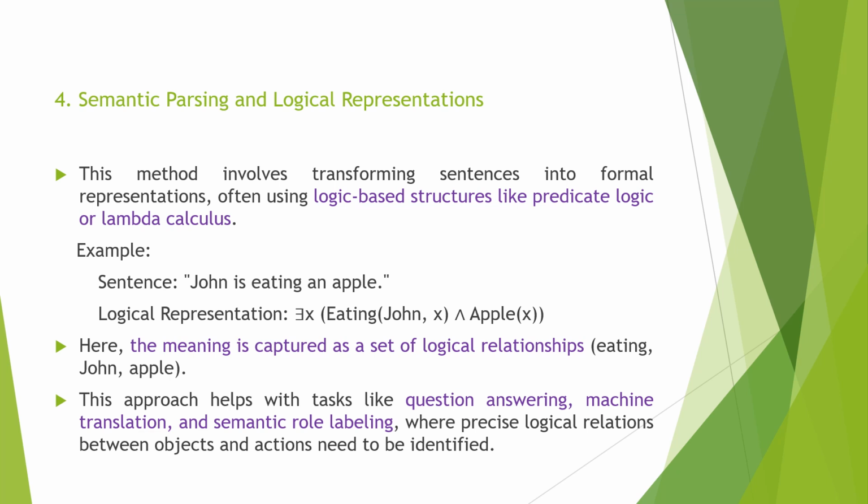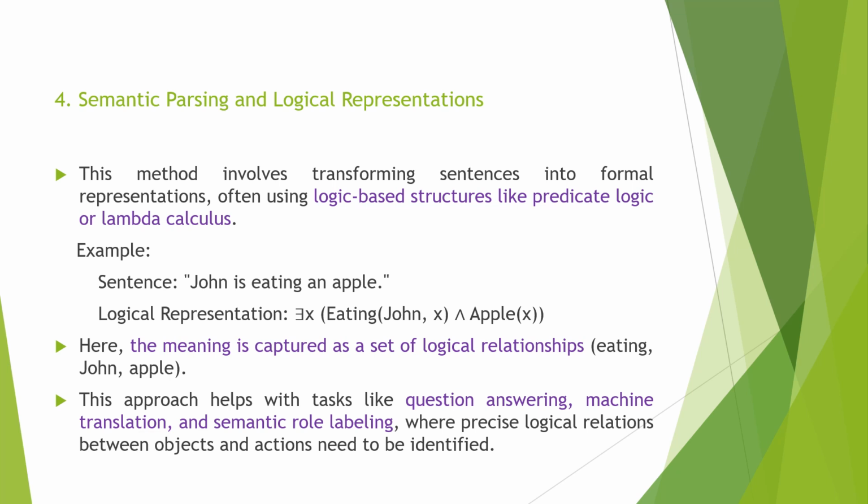So when you substitute the value for X, for example, X is a particular entity, then John is eating X, where X is an apple. So we substitute apple for X. The meaning is captured as a logical relationship.